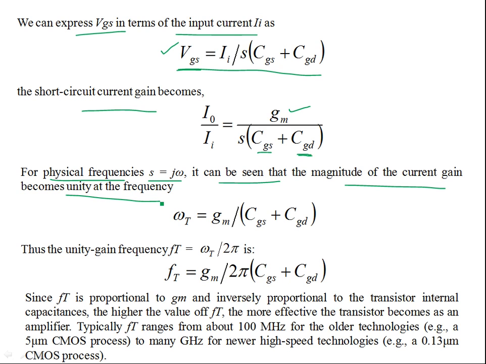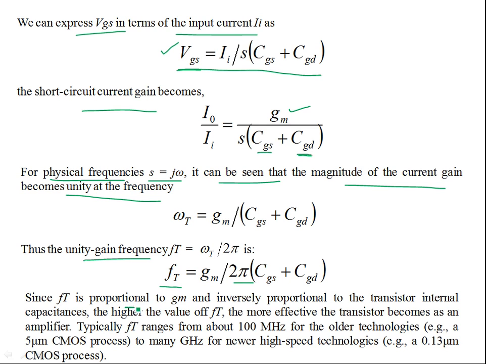If you replace s by j omega over here, omega becomes gm over (CGS plus CGD). Dividing the same expression by 2 pi gives you the unity gain frequency Ft.